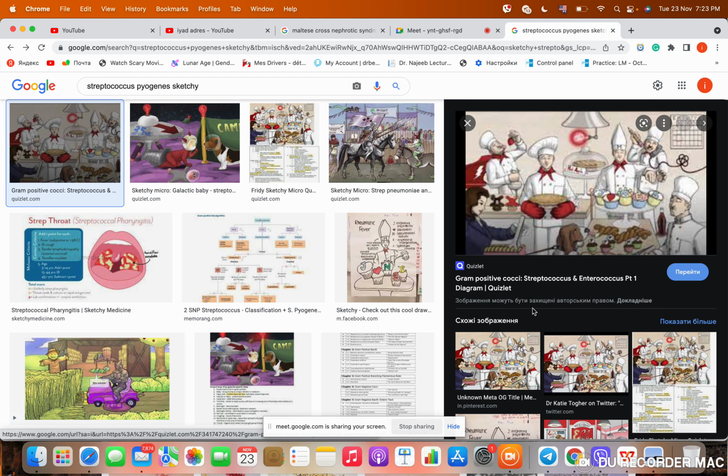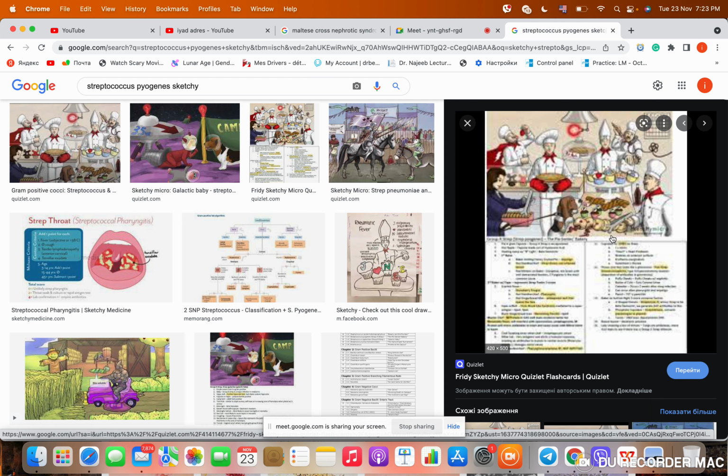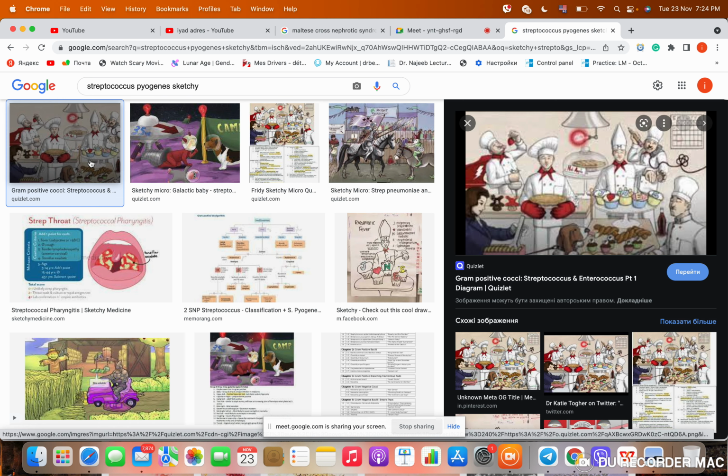In Sketchy, they are represented by these three structures. So they are the anti-hyaluronidase, anti-streptolysin O, and anti-DNase. It's not anti-DNA, it's anti-DNase. Why? Because anti-DNA is lupus. So this is DNase, it's not lupus.